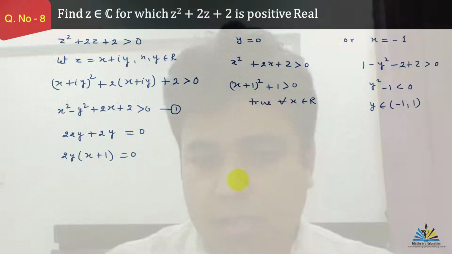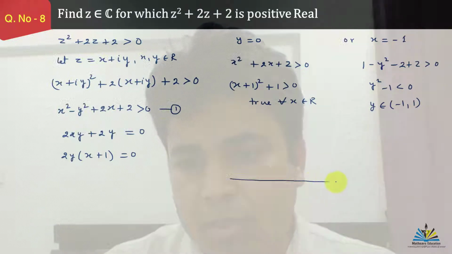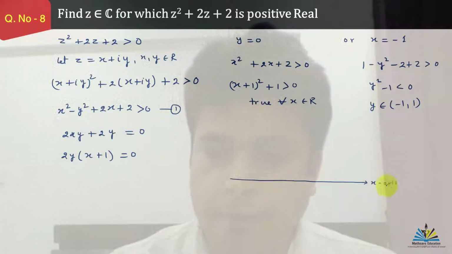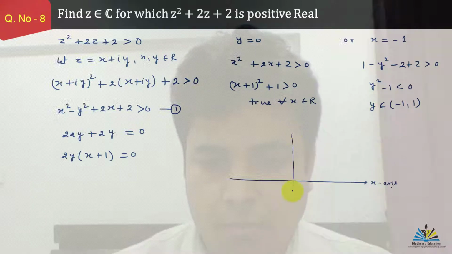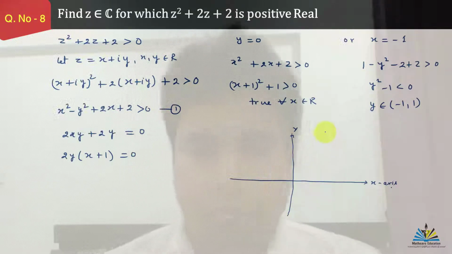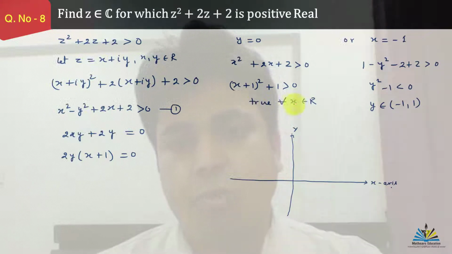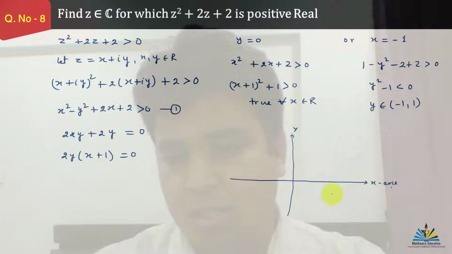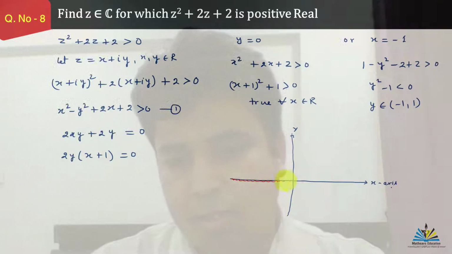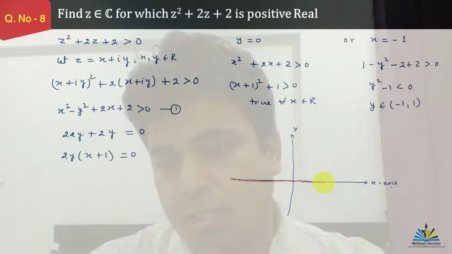So let's plot the solution of this question. Let's say this is the x-axis and this is the y-axis. If y is 0, then this is true for all x belonging to real, so the y equal to 0 line is this. This whole x-axis is the solution.